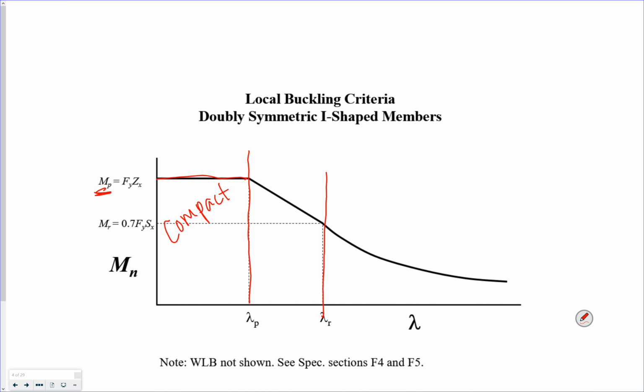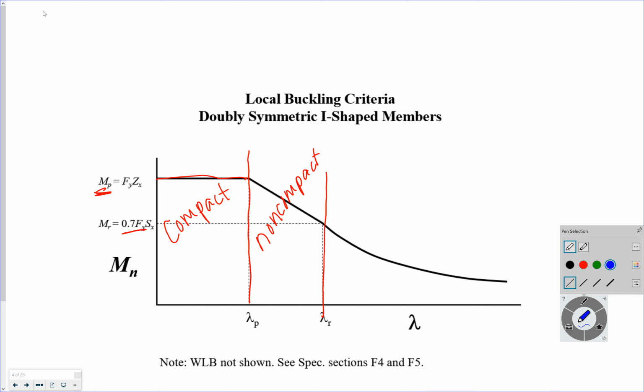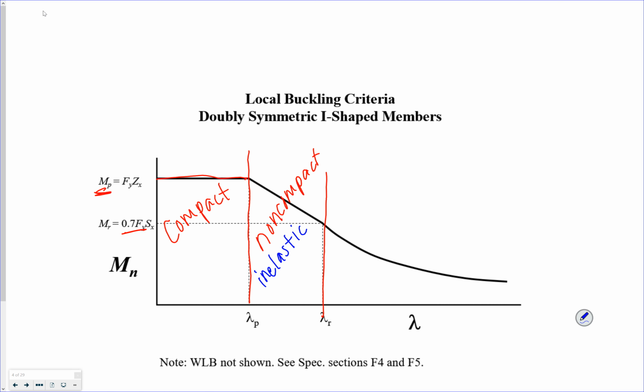This is my non-compact section, because I'm at 70%, meaning this is inelastic.